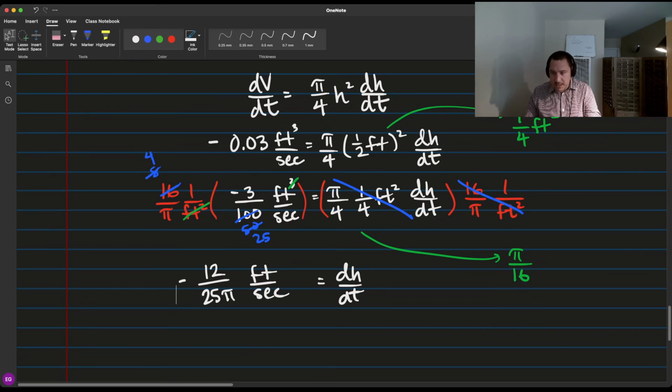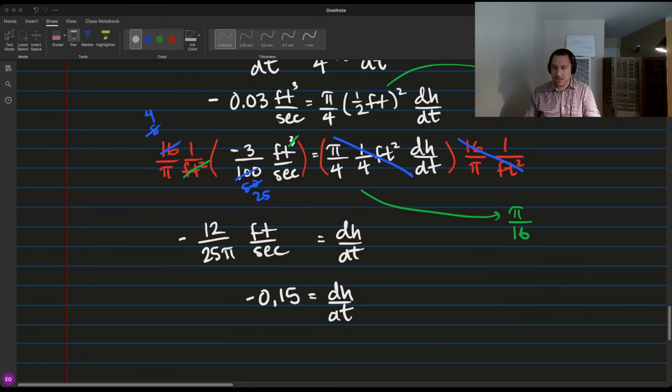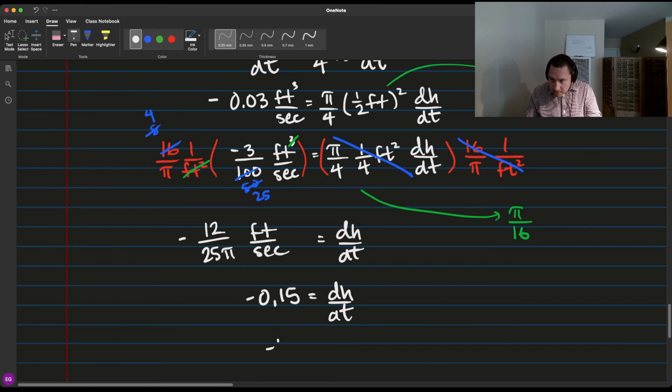That's negative 0.15 feet per second. Let's multiply that by 12 to get inches. That's 1.8 inches per second, because this was feet per second.